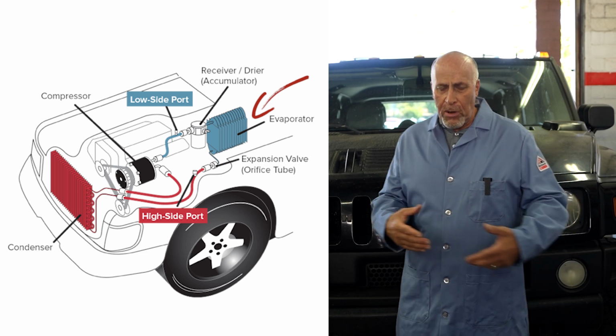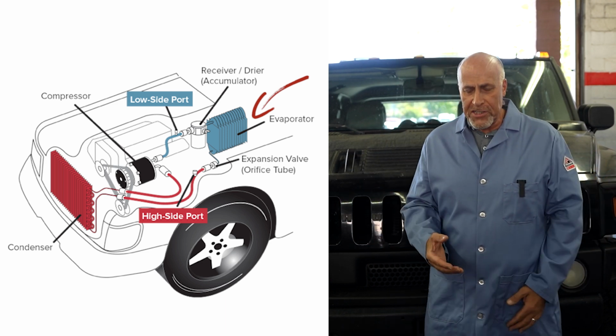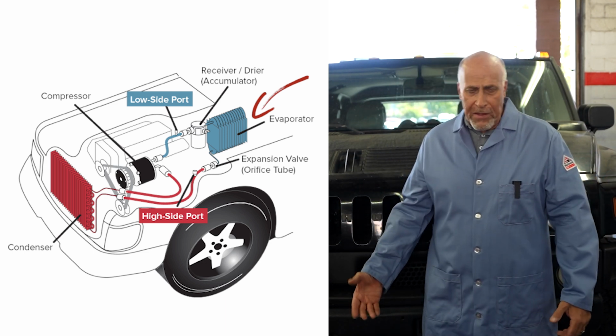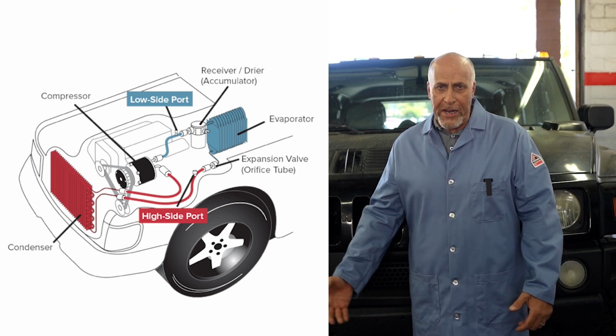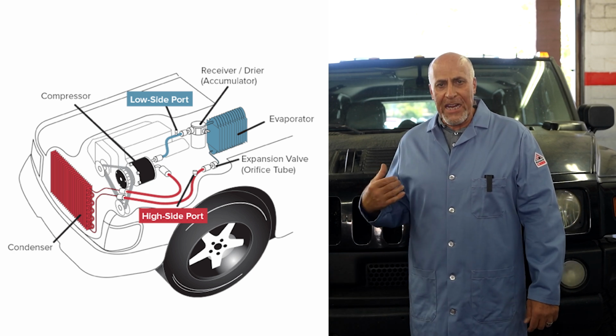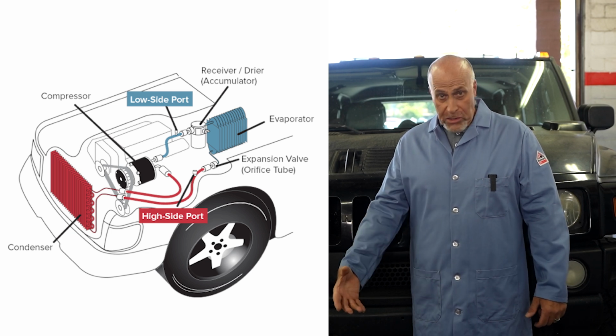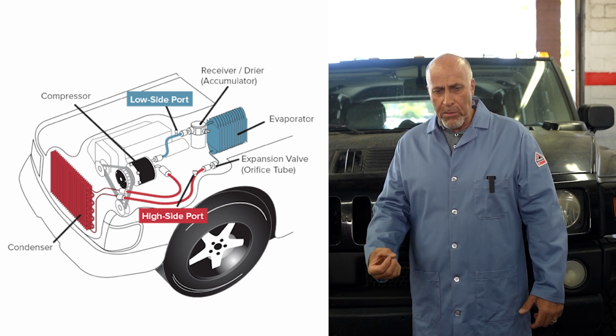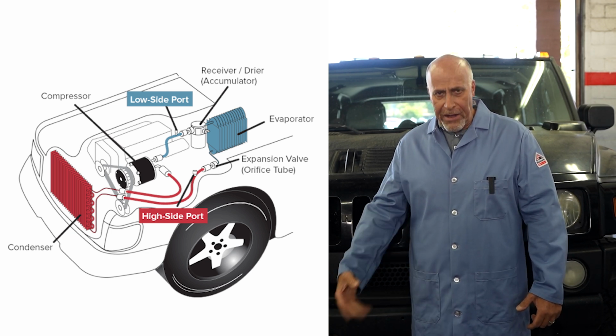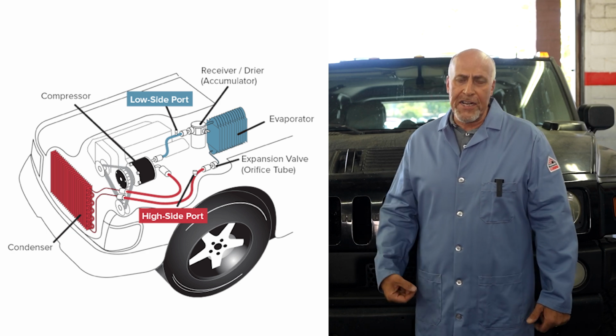A lot of times you'll park your car after you've been running your AC, and you'll see on the ground, typically on the right side of the vehicle, water flowing out. That's the moisture that came out of the cabin of the car. That's the humidity that comes out in the form of water and is dispelled out of the car through a tube that's connected to that evaporator.